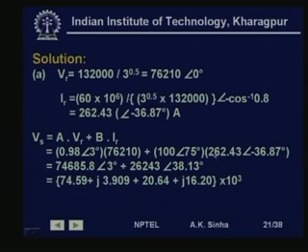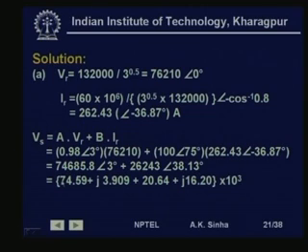So, when we do this calculation, we find 74,685.8 with an angle of 3 degrees plus 26,243 with an angle of 38.13 degrees.